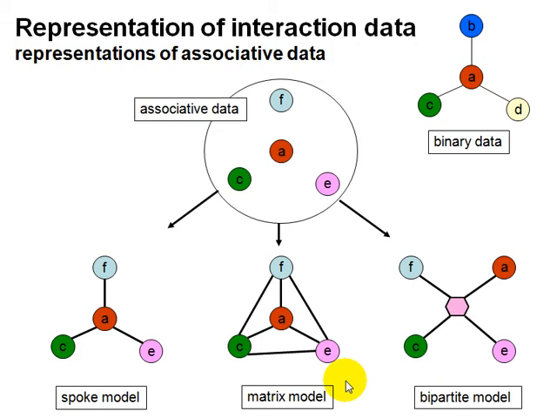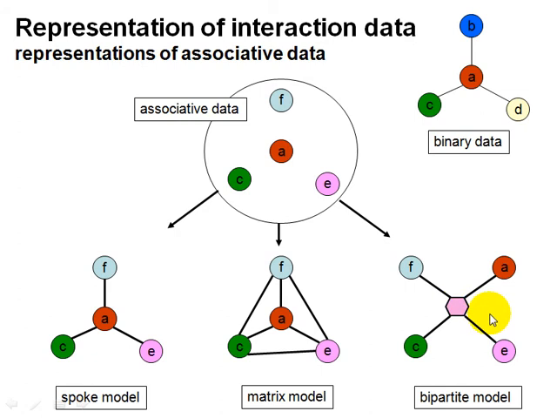The alternative way of representing these data is using something called a bipartite model, where you don't say anything about any of the pairwise interactions, but you're still able to represent it in a kind of binary-like model. The bipartite model uses a second node type, where each of these round nodes represents a protein, and this hexagon here represents the idea of a complex. And an edge between a protein node, such as E, and this hexagon represents the idea that E is a member of this complex.